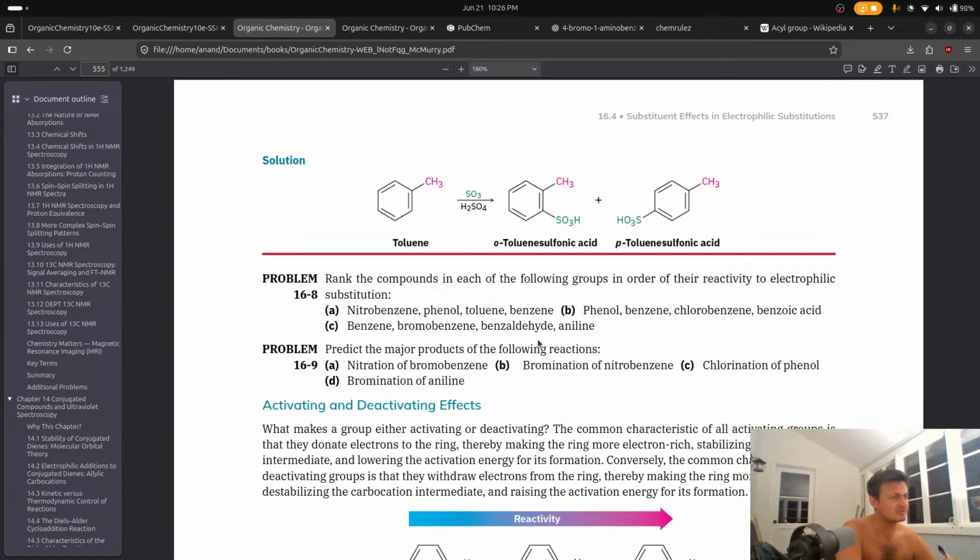Predict the major products of the following reactions. Nitration of bromobenzene. Wait, hold on. So we've got bromobenzene plus NO2. Is it just NO2?